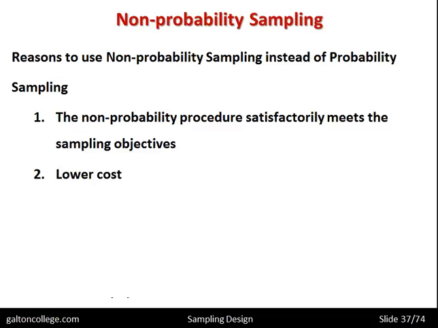But non-probability procedures do have an advantage because they are very cheap. It's just simply finding a number of people to answer the questionnaire, or to get involved in a focus group, or to get involved with some interviews. It's cheap. It's easy to select.